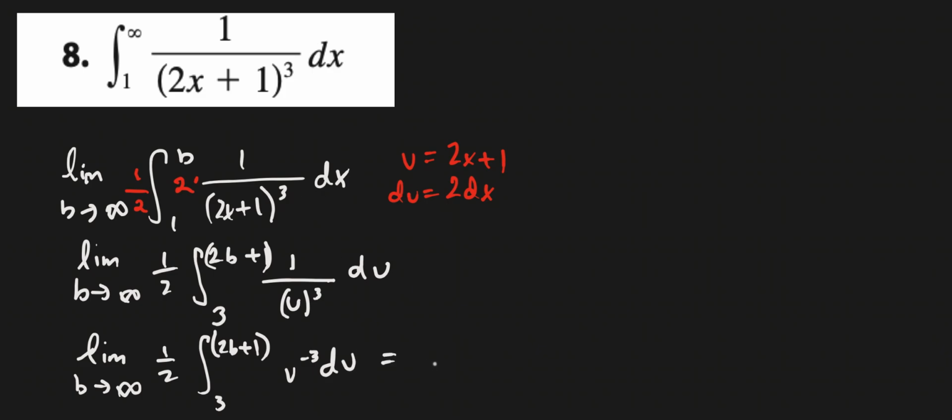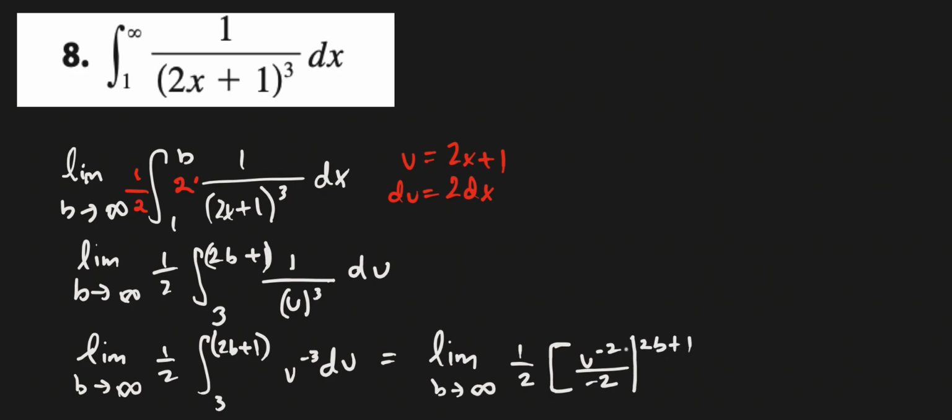This is equal to the limit as b approaches infinity of 1/2 multiplied by u to the negative 3 plus 1 over negative 3 plus 1. So u to the negative 3 plus 1 is negative 2, divided by negative 2, evaluated at 2b plus 1 and at 3.